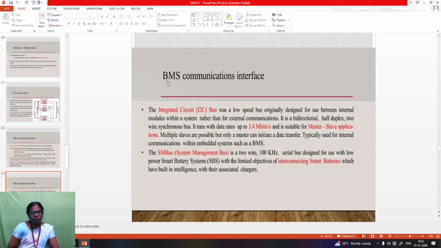Continuing from the previous slide, the integrated circuit I2C bus was a low speed bus originally designed for use between internal modules within the system rather than external communication. So these are all communication interfaces for component communication in the vehicle, not for human communication.